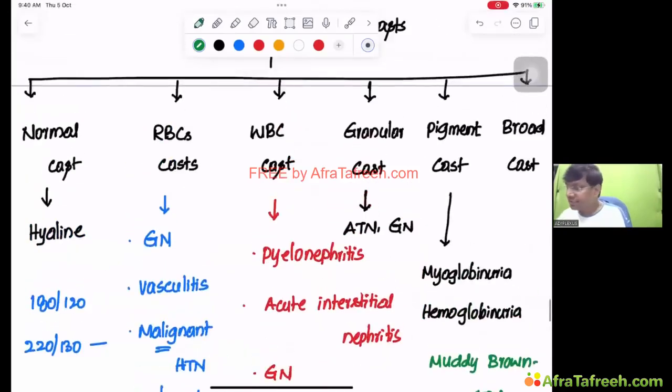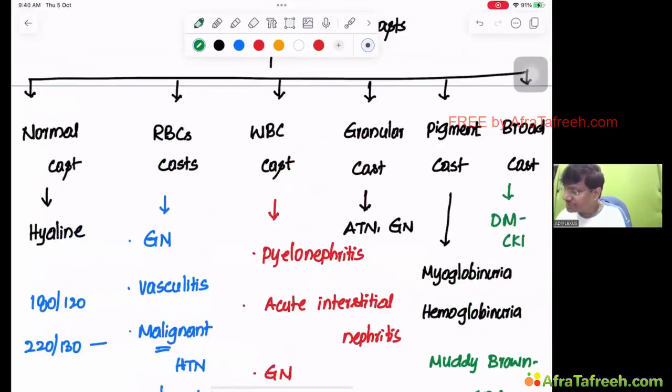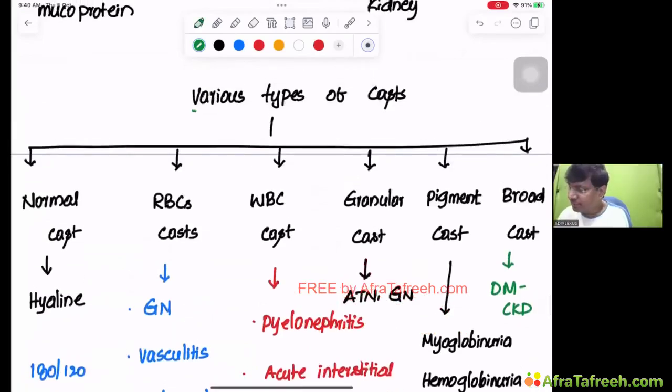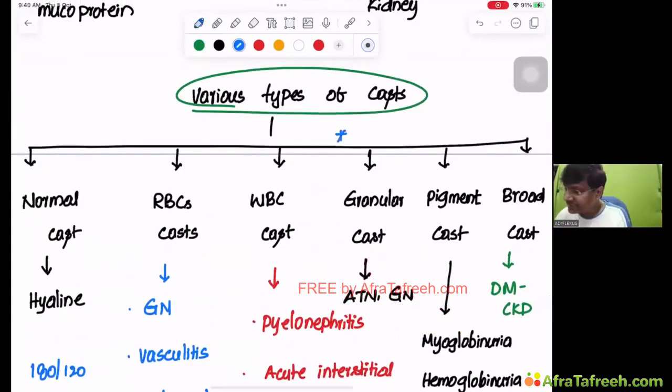Where you get this broad cast is in diabetes mellitus causing chronic kidney disease. And lastly, one important form of the cast, which is nothing but the waxy cast. Waxy cast, you have that in chronic glomerulonephritis.